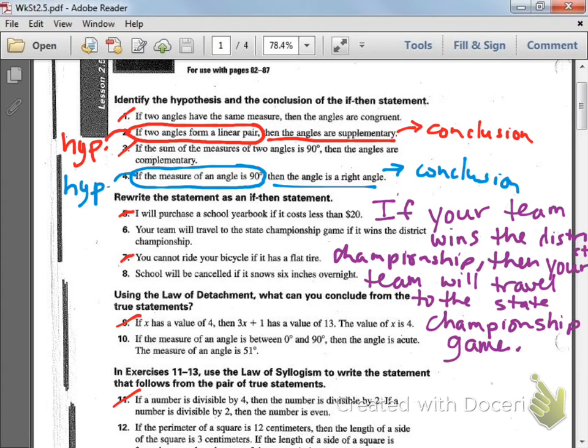All right, I'm sort of out of space, so I'm going to squeeze number 8 in over here. Number 8 says, school will be canceled if it snows 6 inches overnight. So what has to happen first? If it snows, how much? 6 inches overnight.